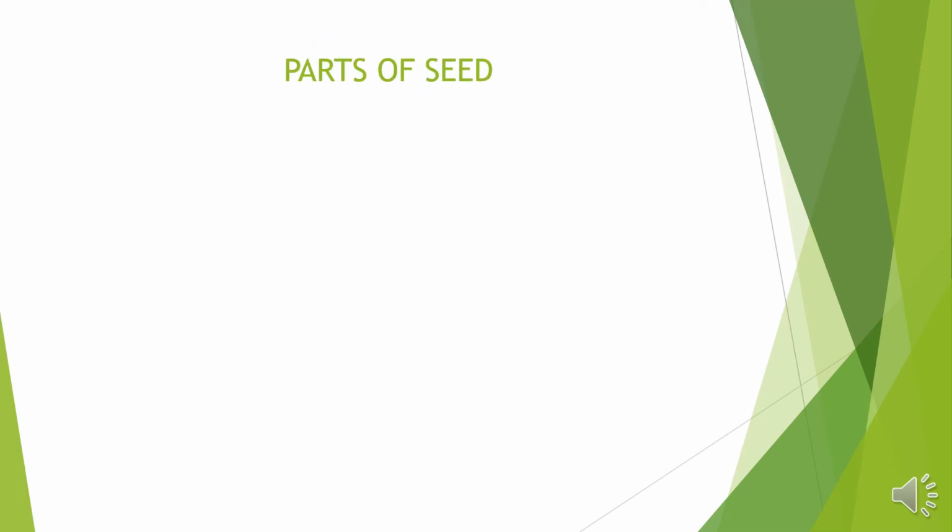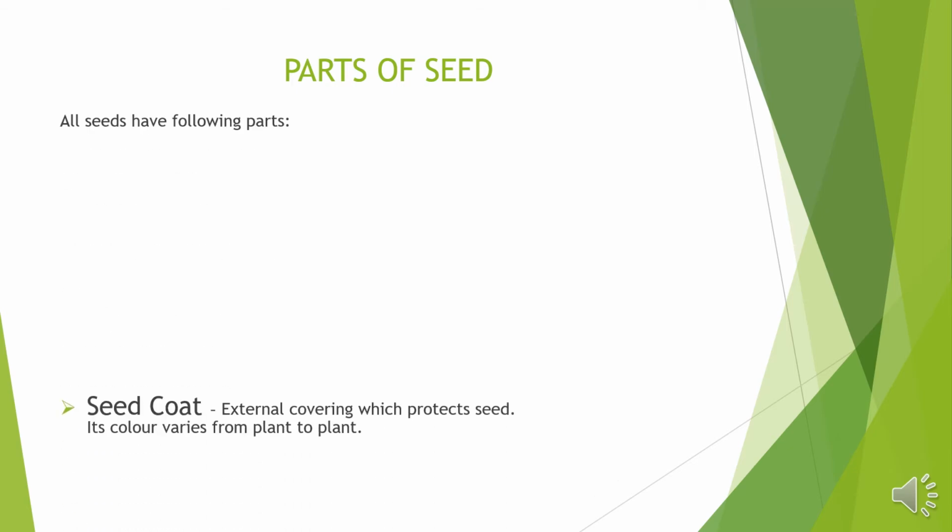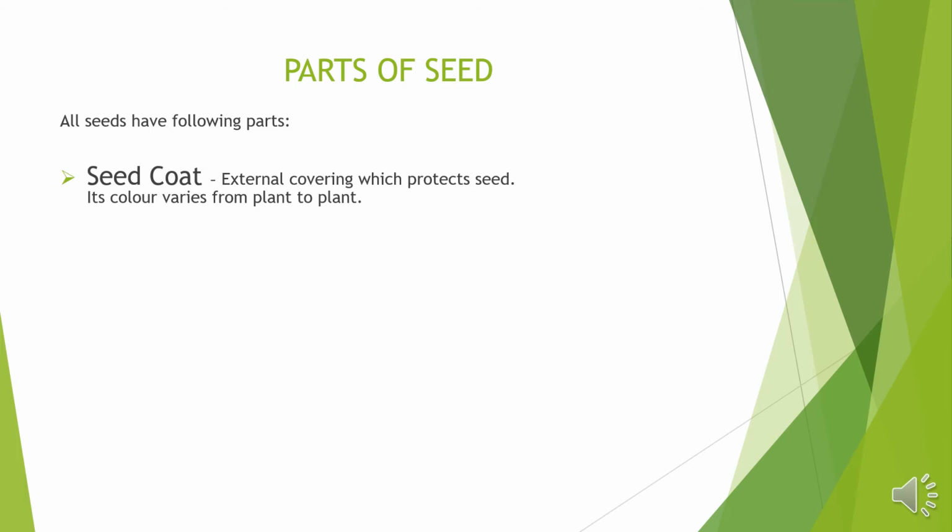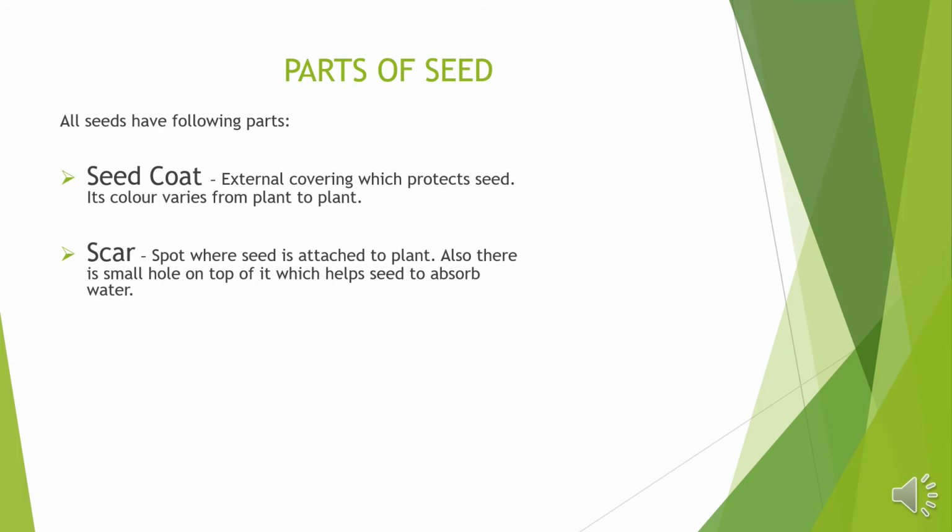Let's study about the different parts of seeds and their function. All seeds have the following parts. Seed coat: it is the external covering which protects the seed. Its color may vary from plant to plant. Scar: it is a spot where the seed is attached to the plant.